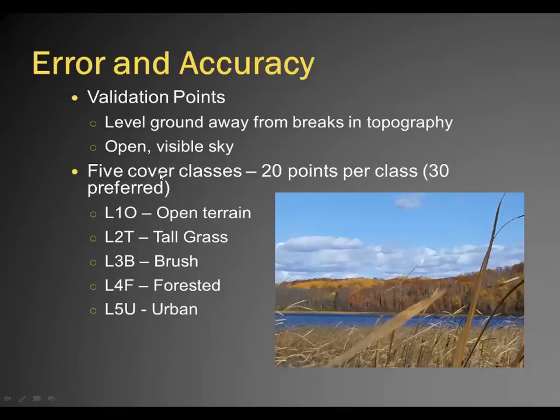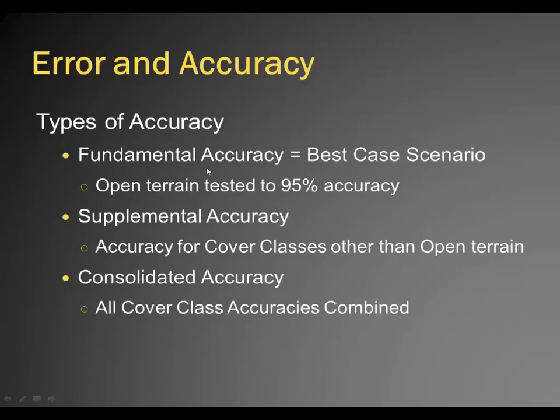And we also classified it into cover class, where we were, whether it's open terrain, tall grass, brush, forest, or urban. And our accuracy was put together into two pieces and then consolidated. The fundamental was the best case analysis, and the second was within our cover classes, and that was all consolidated into a combined accuracy or consolidated accuracy.